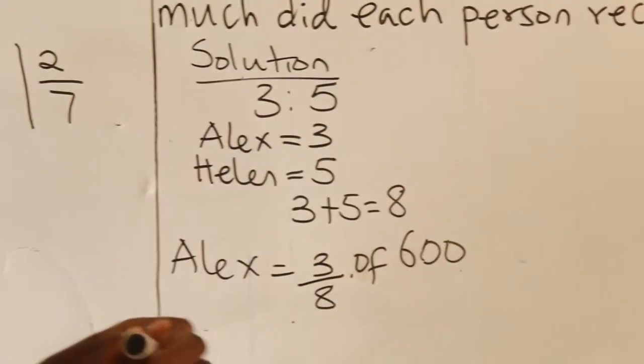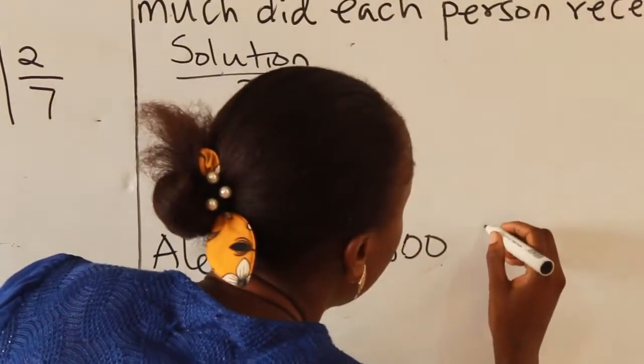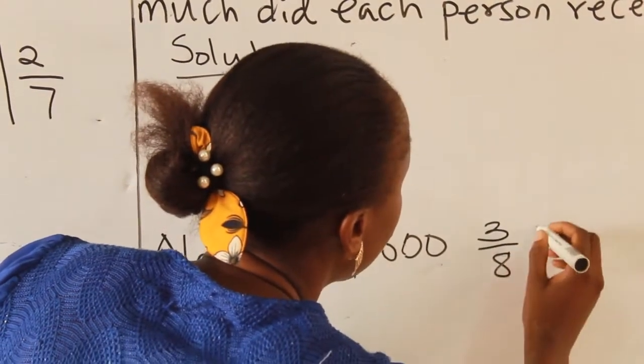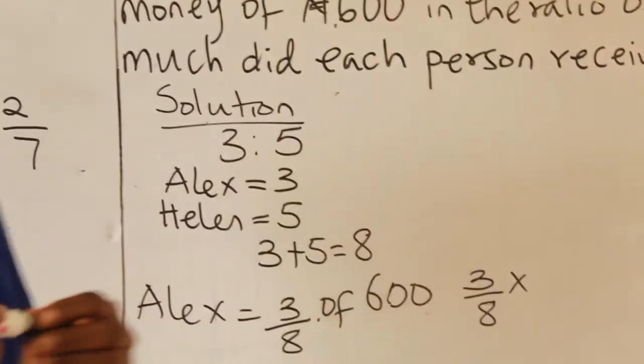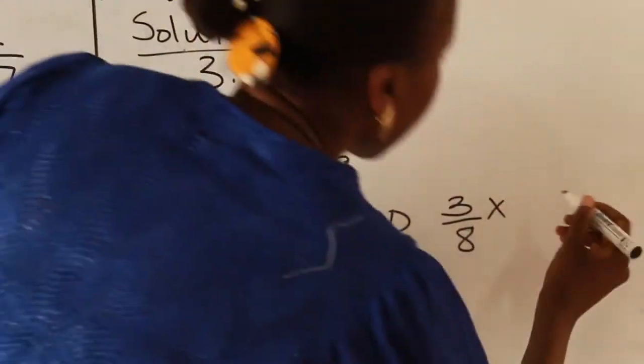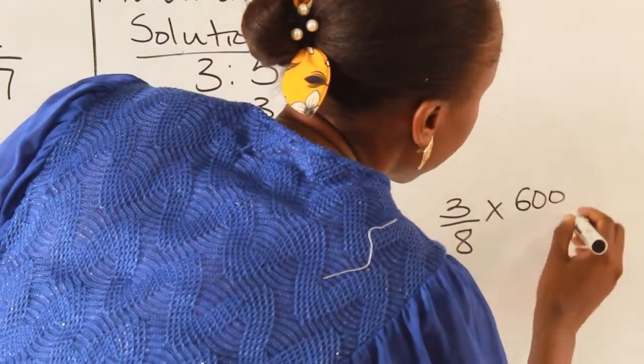Like we did, we change our "of" to times and write 600 over 1.